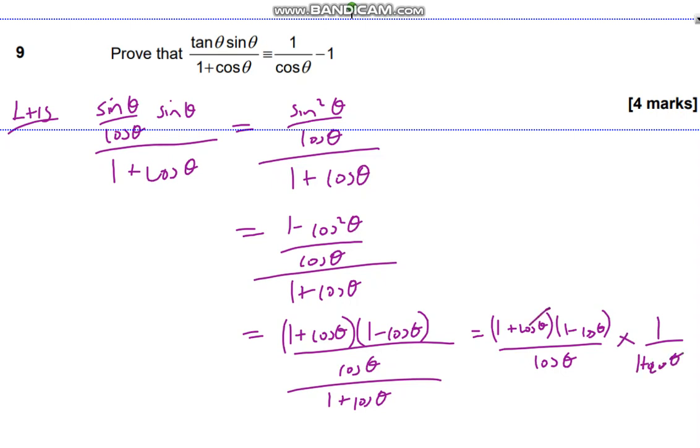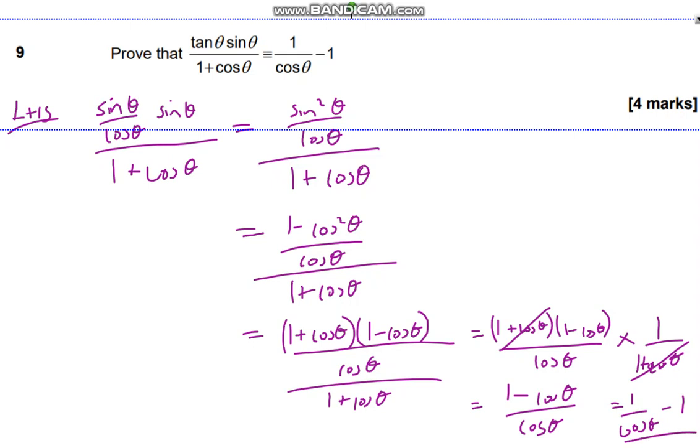So we can now cancel those out, and we're left with almost what we want. We're left with 1 minus cos theta over cos theta. Then we can just divide through by the cos theta to give us 1 over cos theta minus 1, which does it.